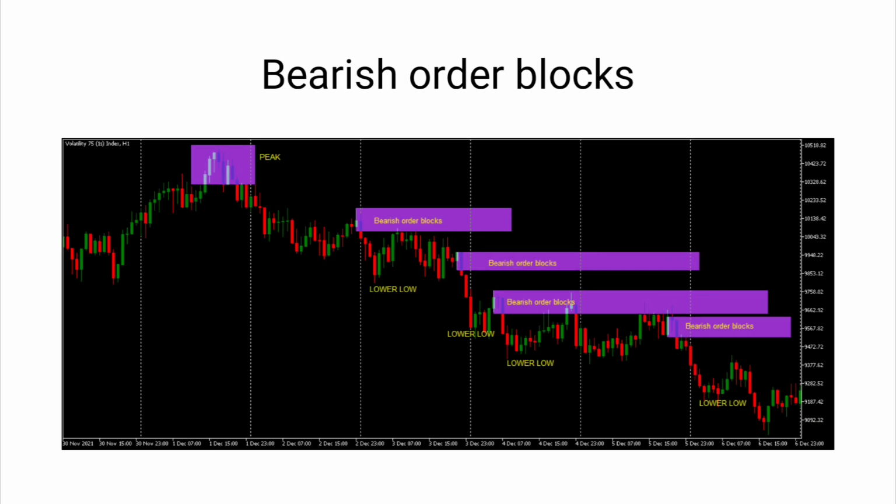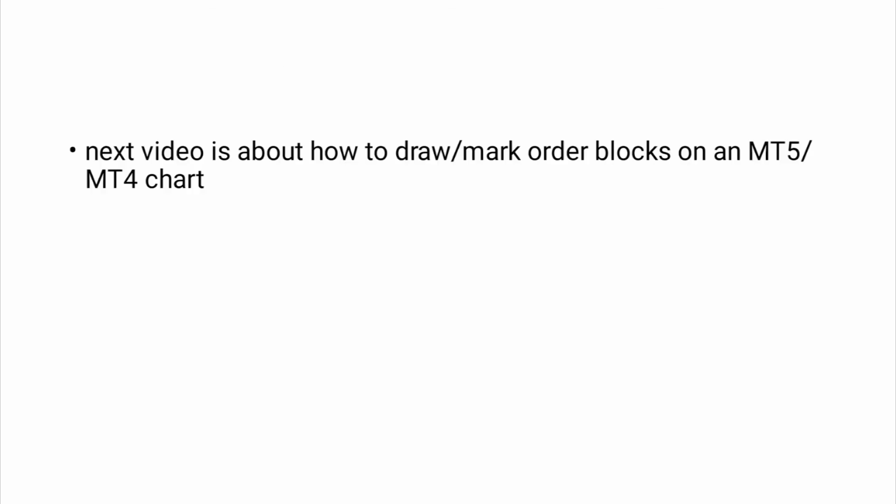I know on the trading for beginners section I was saying conservative, but with this knowledge, guys, you can actually make good trades. On the next video I'm going to be showing you how I draw or mark order blocks on my MT5 and MT4 chart.